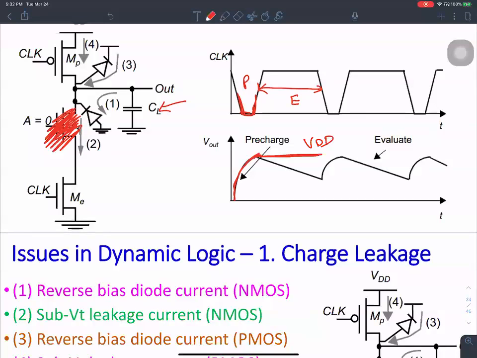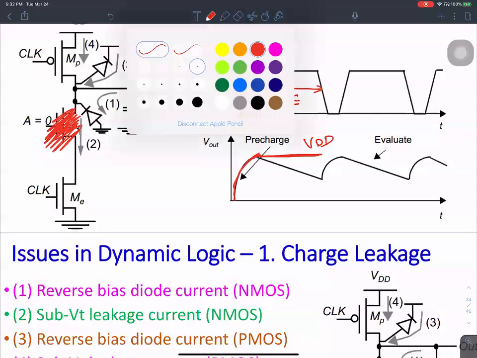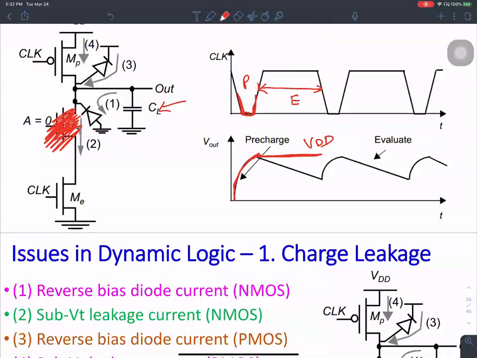But even though this NMOS transistor is off, there are other problematic paths that leak the charge from the load capacitance here. Then instead of staying at 1, the voltage on this capacitor keeps falling continuously. Think of this as being similar to a leaky bucket.